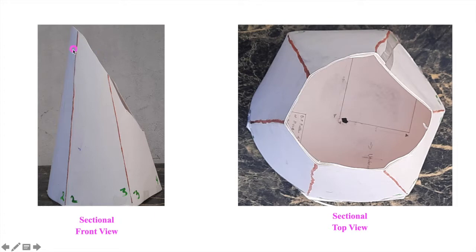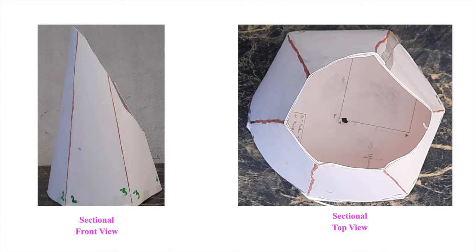Due to the problem of this mobile camera, it looks like this curve, but actually in front view, if we take the photo with a parallel light, then we will get a straight line, and this is also a straight line. Whatever curvature is there is due to cutting error.